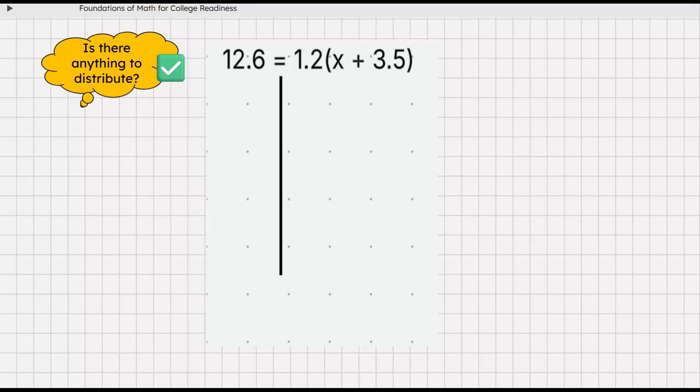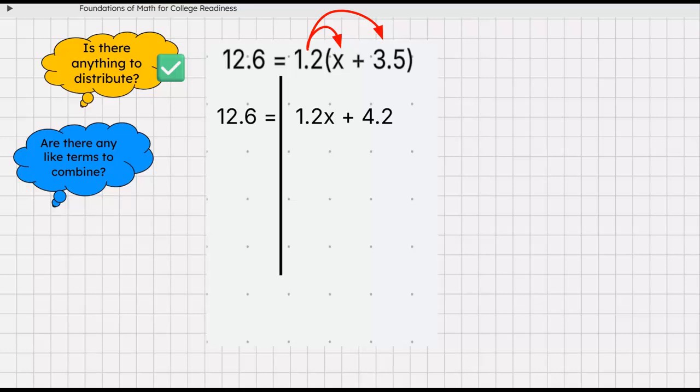We're going to distribute the number 1.2 to the x and to 3.5 inside of the parentheses. When we distribute, we end up with 12.6 equals 1.2x plus 4.2 because 1.2 times 3.5 is 4.2 and 1.2 times x is 1.2x. Are there any like terms in this equation to combine?